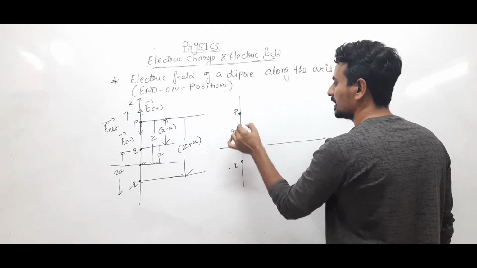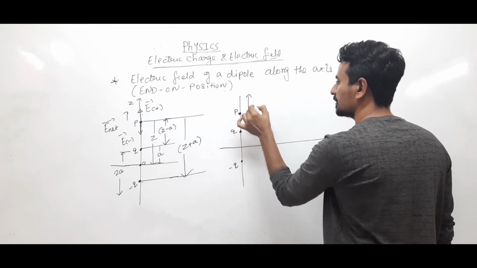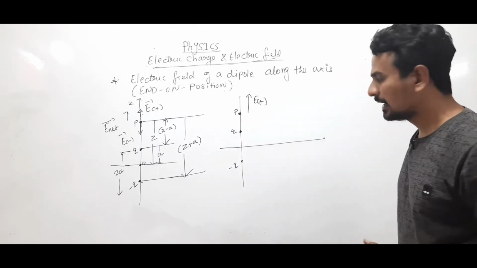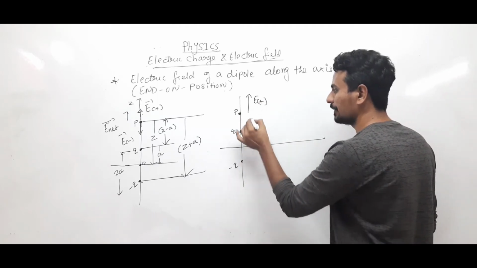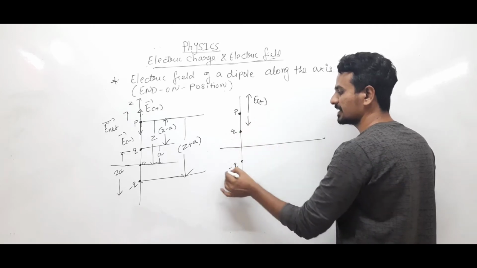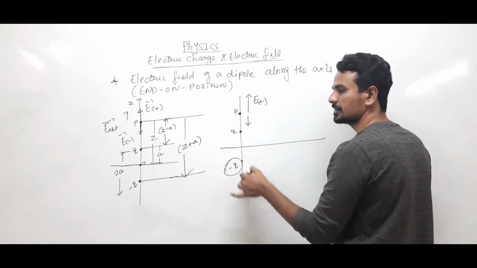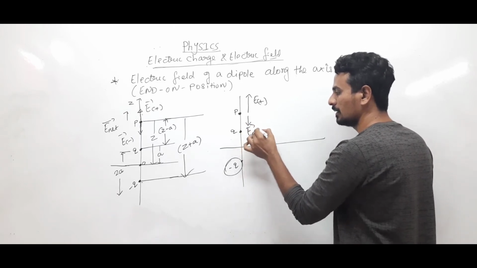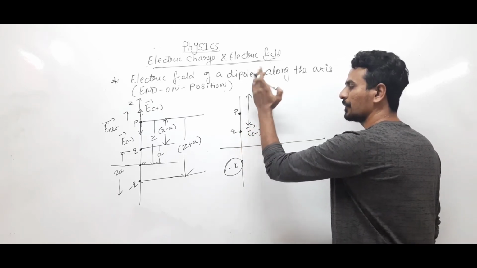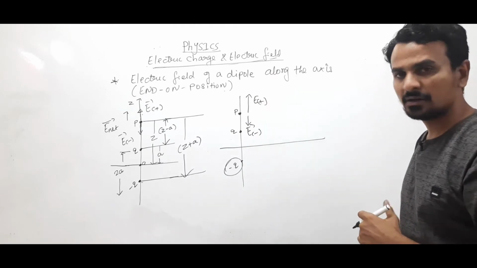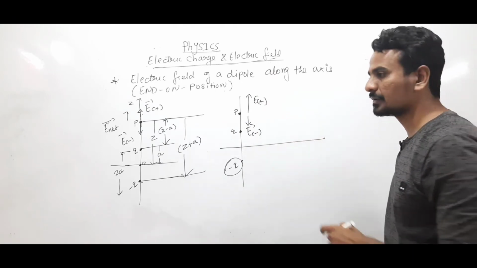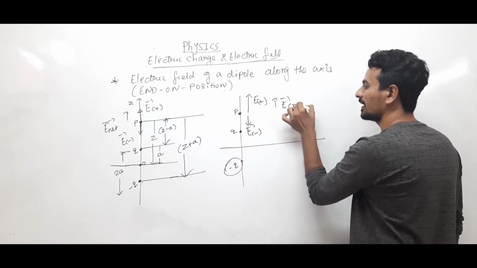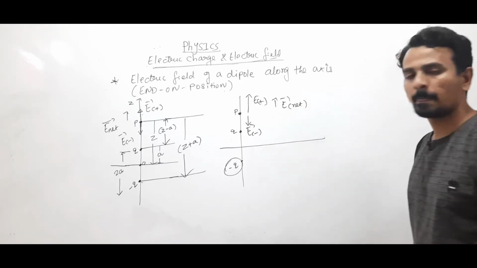Because of the positive charge, the electric field at this point is in the upward direction. Because of the negative charge, it is in the downward direction, but since this charge is at a greater distance, the value will be less. So the net electric field will be upwards.